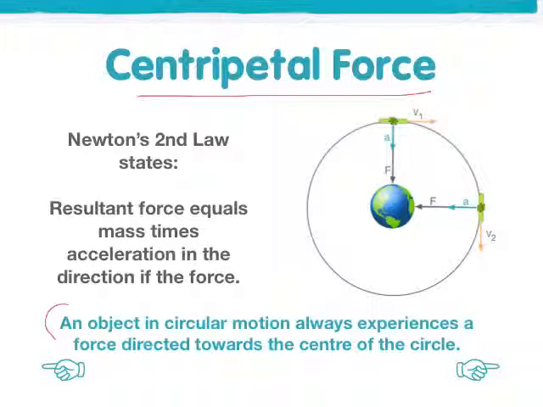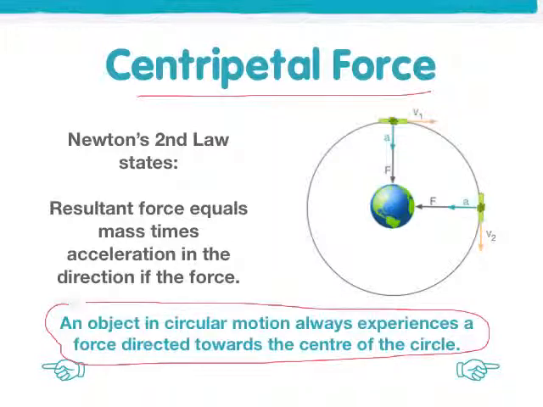An object in circular motion always experiences a force directed towards the center of a circle. Now that force could be a great many different types of forces. It could be gravitational, it could be tension in a string, it could be electrical. Regardless of what it is, it's always towards the center.